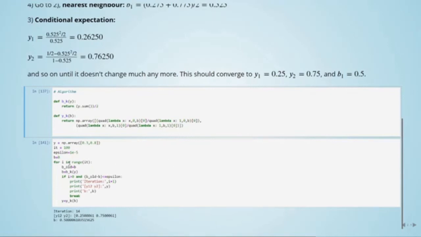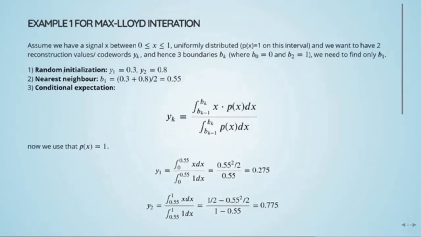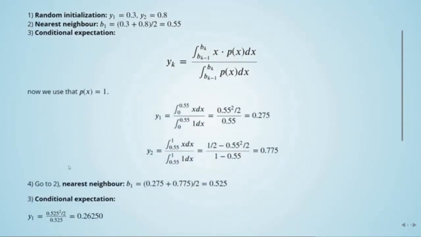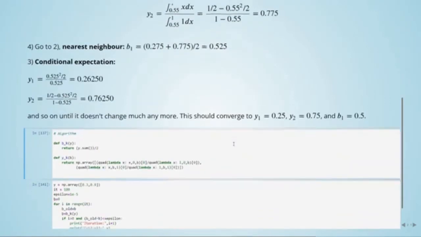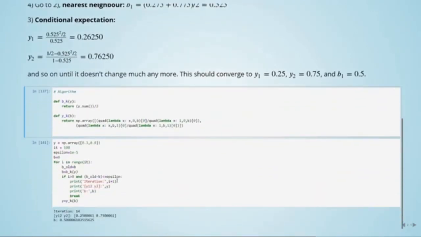So if the values change less than this, we will stop the algorithm. So we're setting that b starts equal to 0, and we have this for loop. This is the iteration. So what we're doing is we are going from this step, this step, this step, and then we keep going back to 2 and updating, and when we have a small change that we think, okay, it's good enough, we can stop.